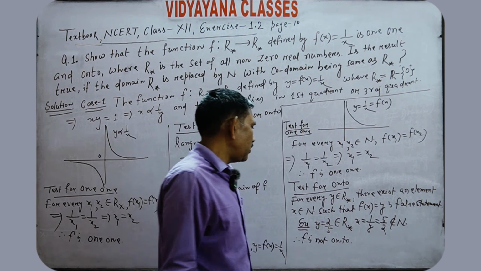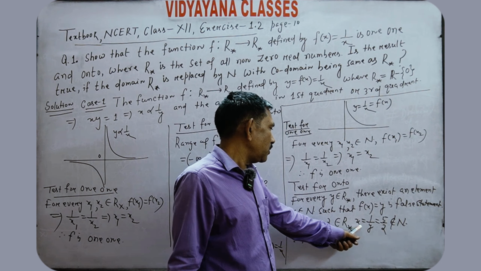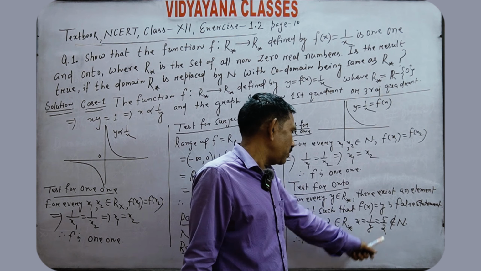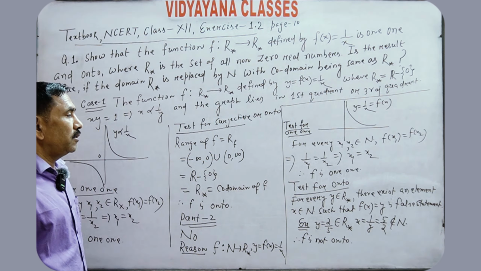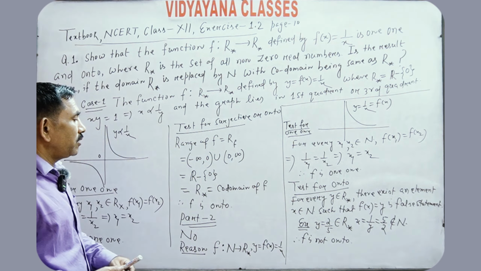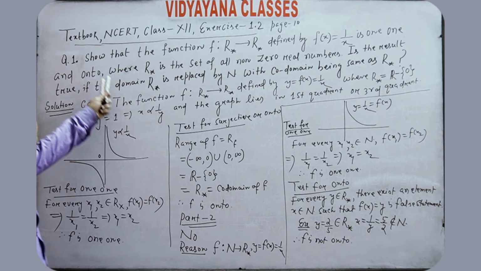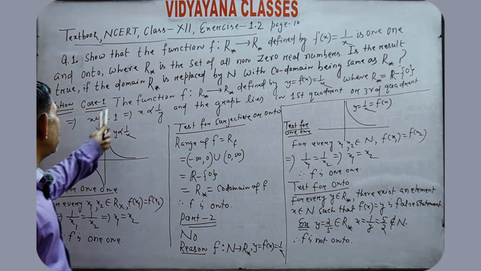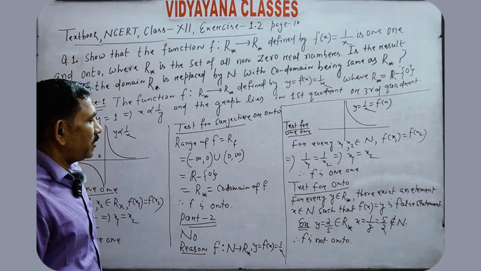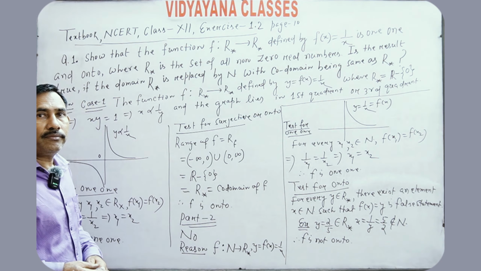So f is not onto, but it is 1-1. The first part is 1-1 and onto, and the second part is only 1-1, not onto. Clear?